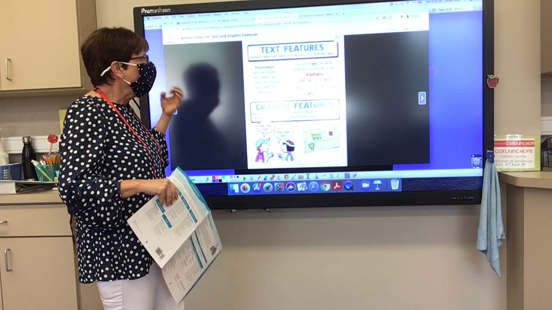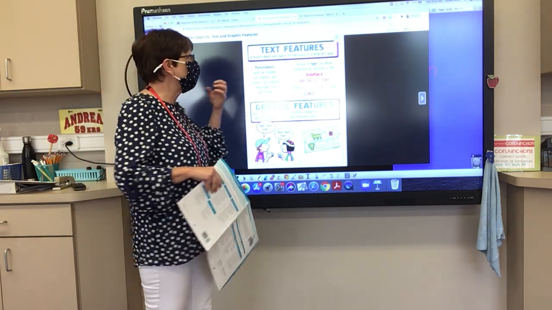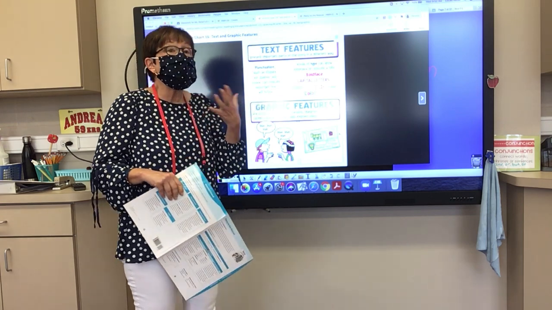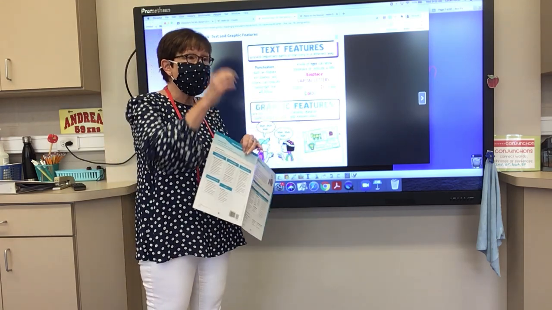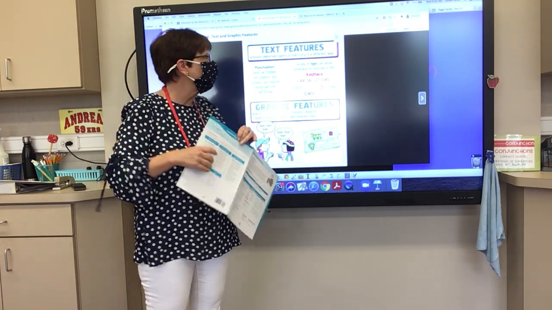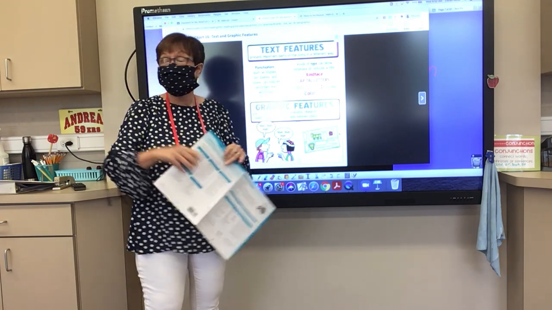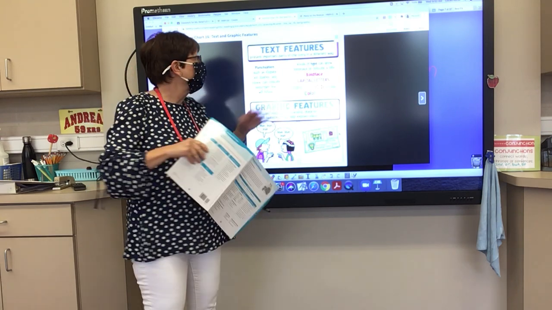Now, the kinds of type, or the way that the text is presented to us, can also show emphasis or show us that there's a title. So when we're looking at the type, or the way that the text is written, we could be looking for boldface. This is an example of boldface, where the type is written darker and thicker.